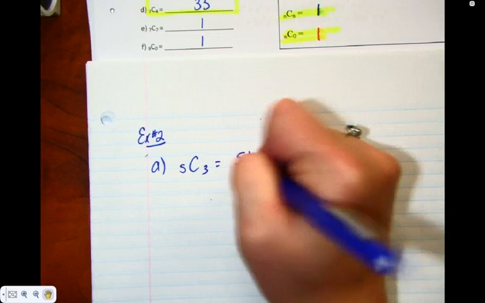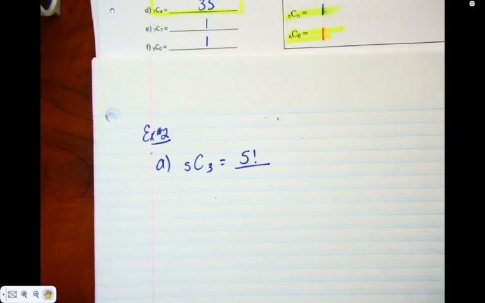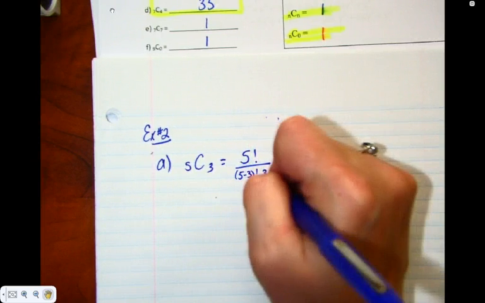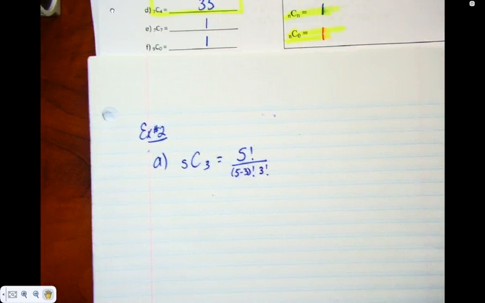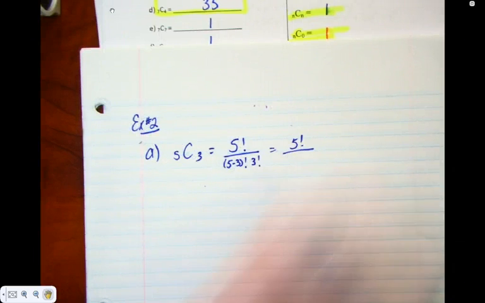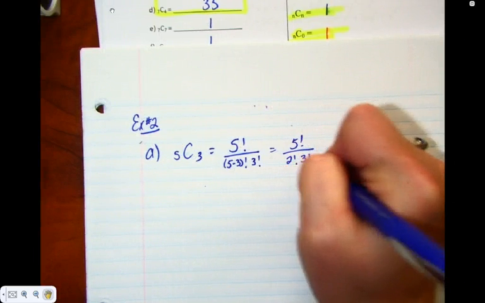N factorial on the top, which is 5. 5 minus 3 factorial times 3 factorial. Brackets come first, so I've got a 5 factorial on the top, a 2 factorial, and a 3 factorial.